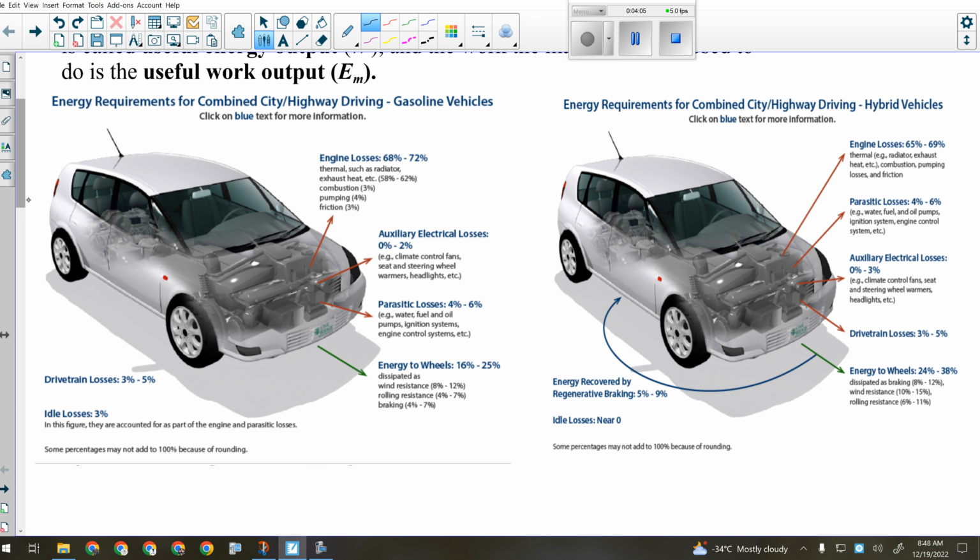So thermal engine loss, like the radiator, exhaust heat, etc. You've got heat and combustion, pumping, friction, and then exhaust heat. 58 to 62% of the energy in your fuel is radiated away from the car as heat.